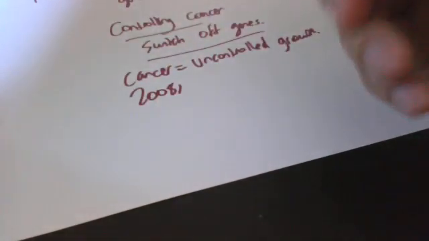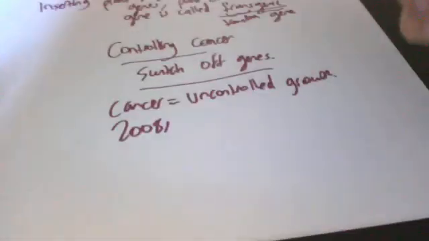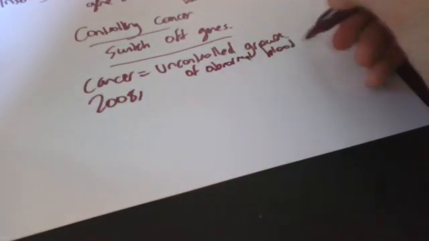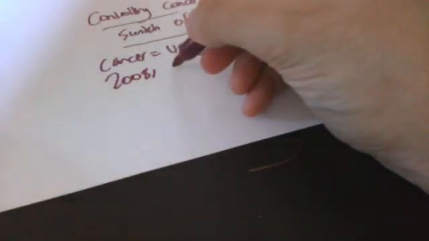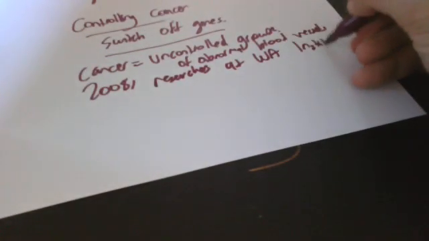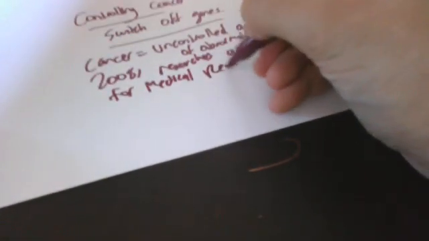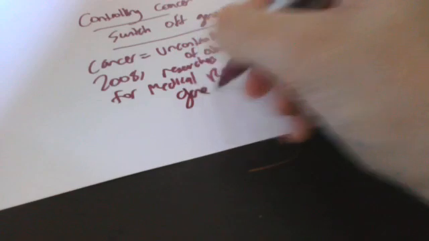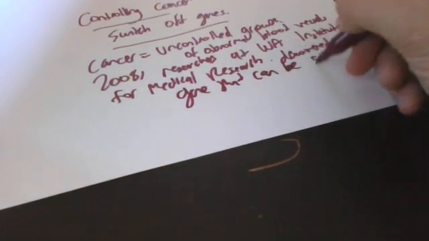Now, 2008, researchers at the Western Australia Institute for Medical Research discovered a gene, okay, that can be switched off. So that could reverse the growth of blood vessels inside tumors. So, quickly mention abnormal blood vessels. 2008, researchers at WA Institute for Medical Research discovered gene that can be switched off.